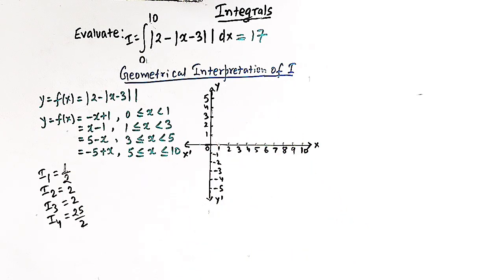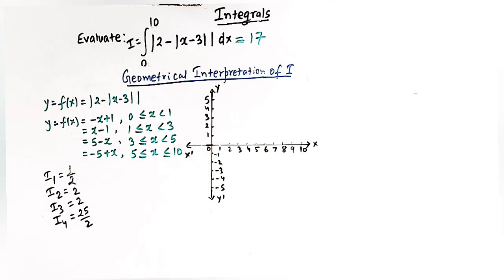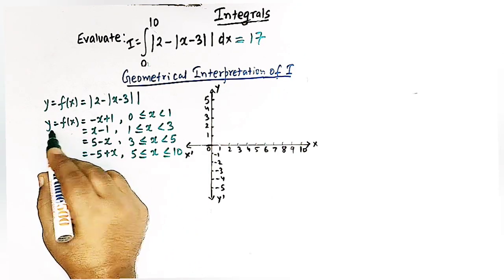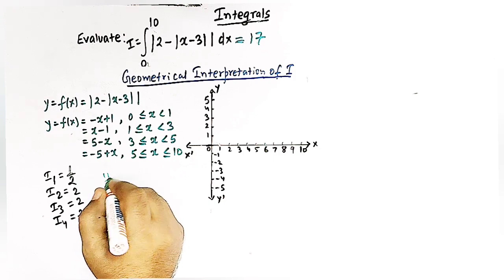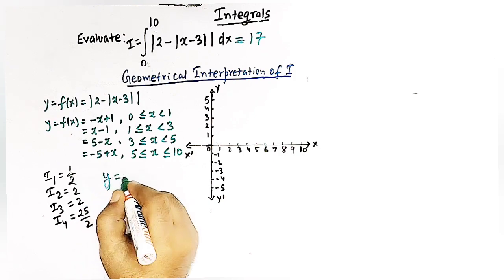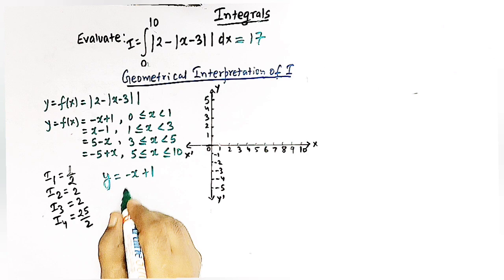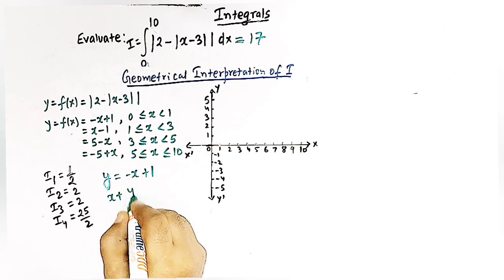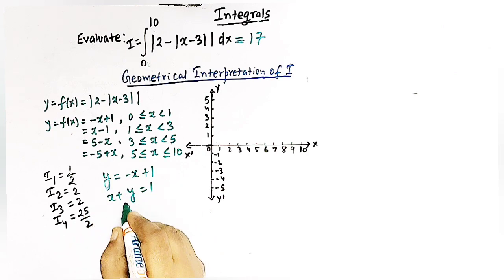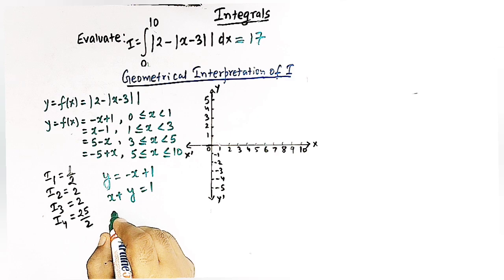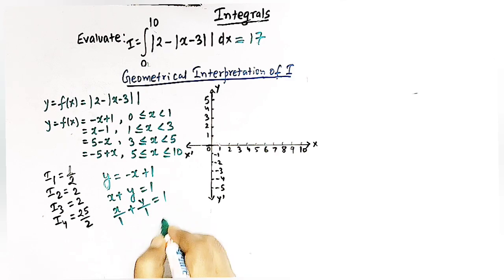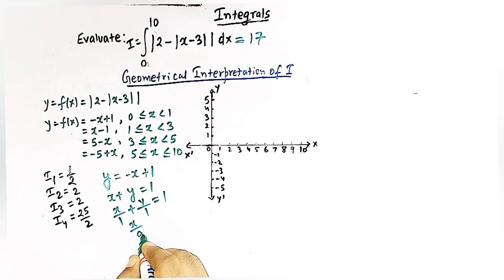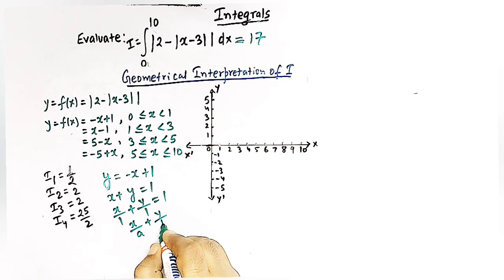So let us verify. In the first case, we have the line y is equal to minus x plus 1. So we can write this line as x plus y is equal to 1, and this line is of the intercept form, that is x over 1 plus y over 1 is equal to 1, which is of this form, x over a plus y over b is equal to 1, right?